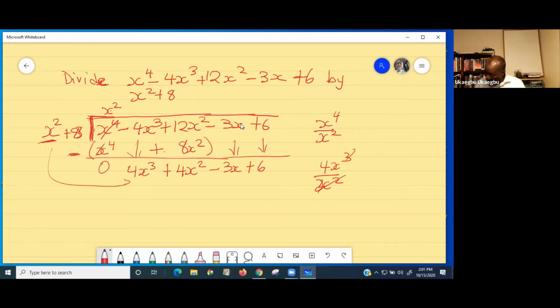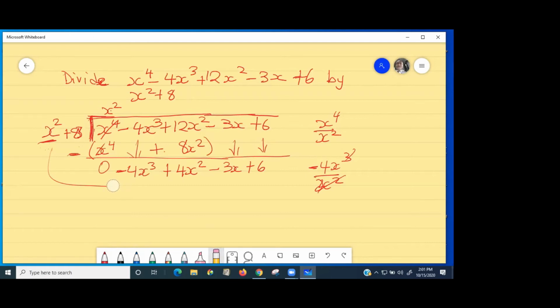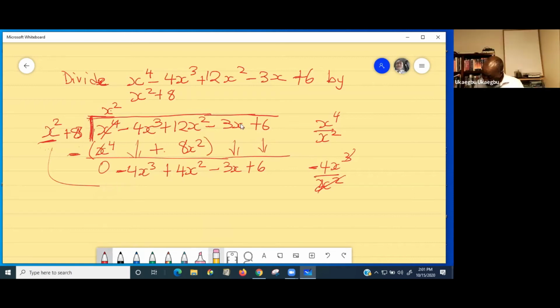It should actually be negative 4x. So negative 4x multiplied by x squared is going to give us negative 4x cubed.